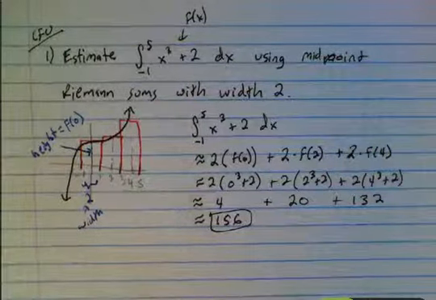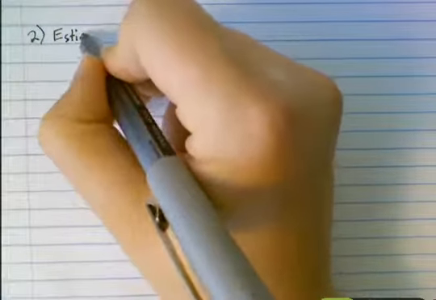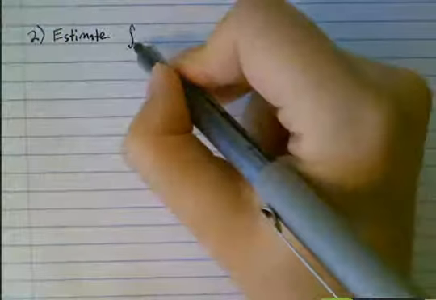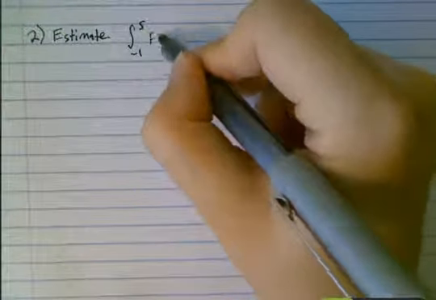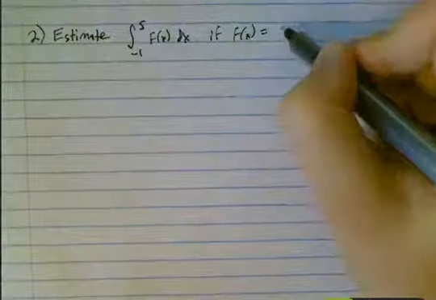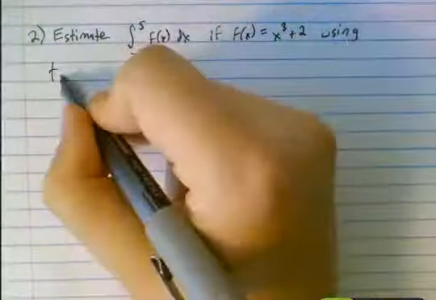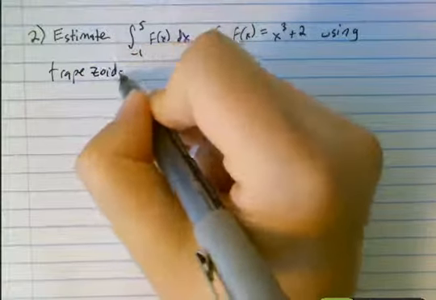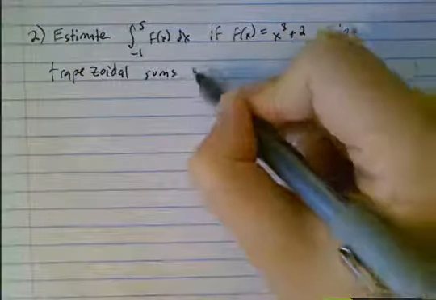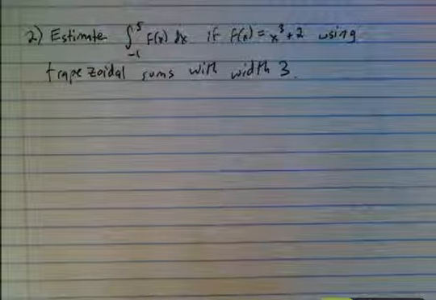Let's do a second one with trapezoidal sums. So we'll estimate using trapezoidal sums with width 3.